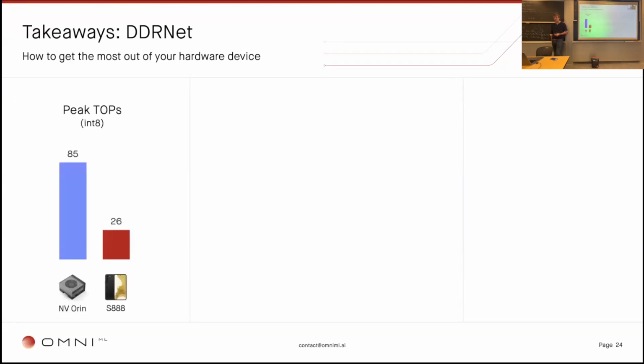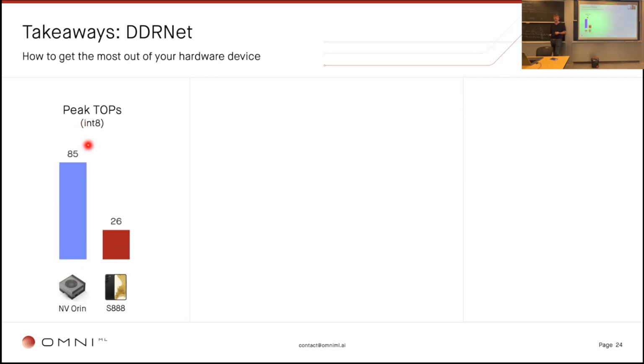Let me give you guys a summary of what we just saw on our DDRnet. So we started out with the original model, and we tested it on 2 devices. These 2 devices are actually quite different.